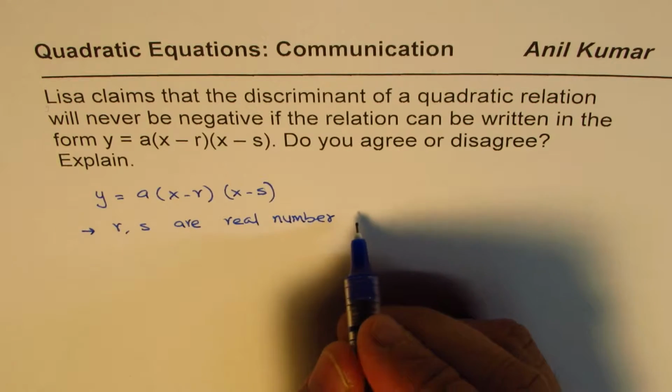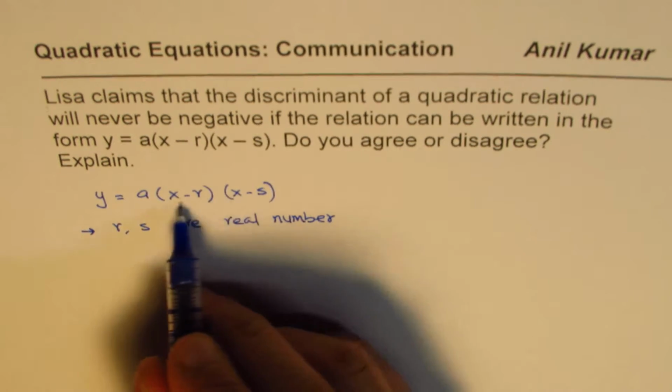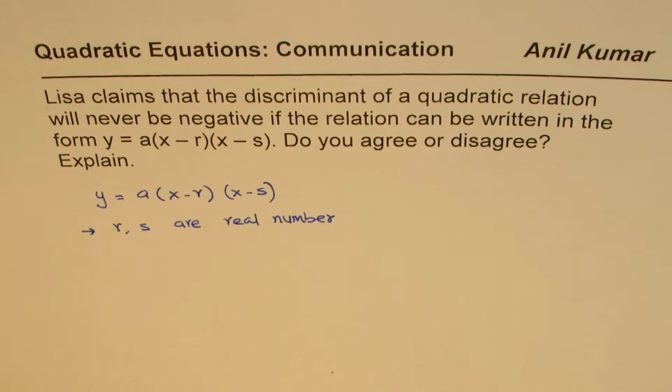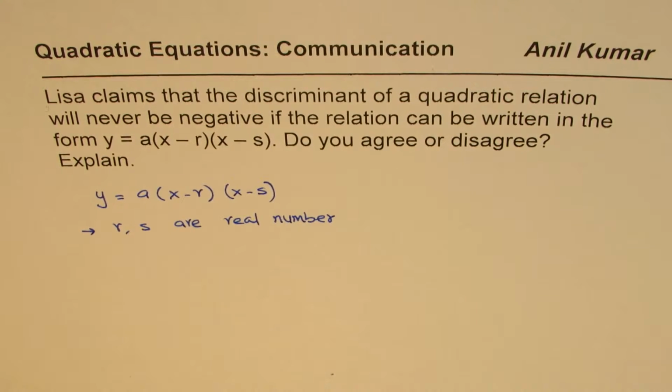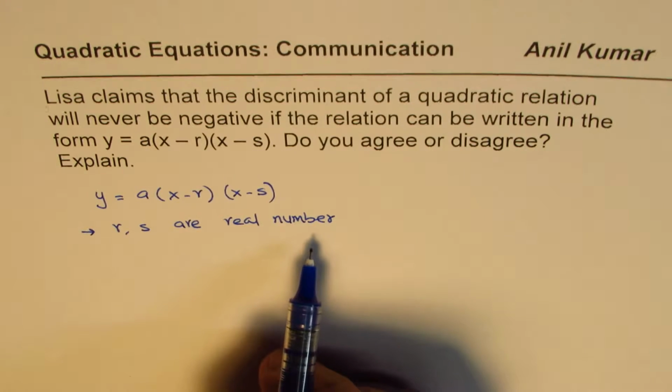They could be zero, and even then it works. R and S could be any real number, not imaginary numbers. That is important to understand before I answer this question.